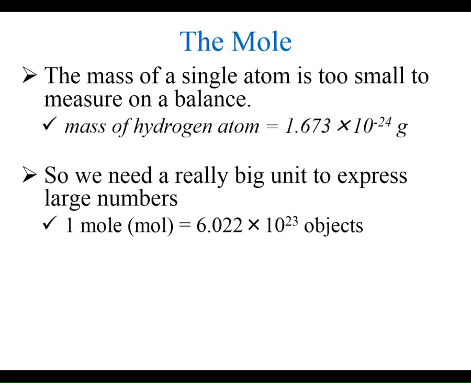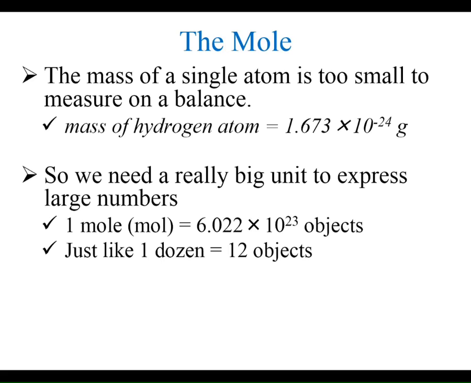That number we use is called the mole. And a mole is 6.022 times 10 to the 23rd, whatever it is you are counting up. Just like a dozen is 12 whatever it is, a mole is 6.022 times 10 to the 23rd, whatever it is.